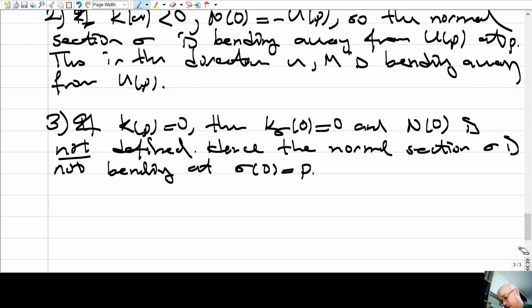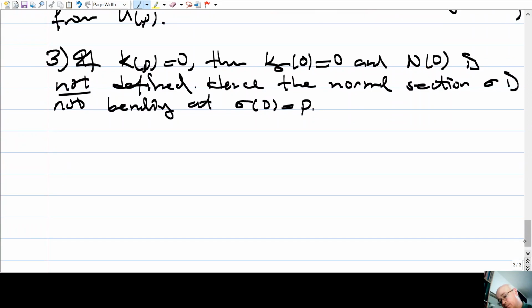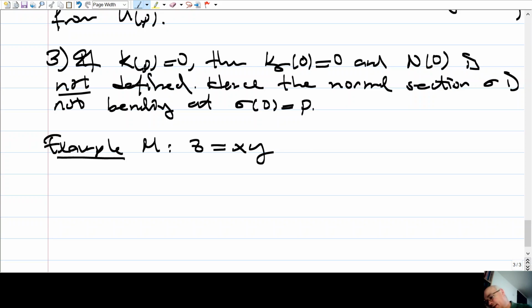Here is an example. Consider the surface M given by the equation z equals xy.